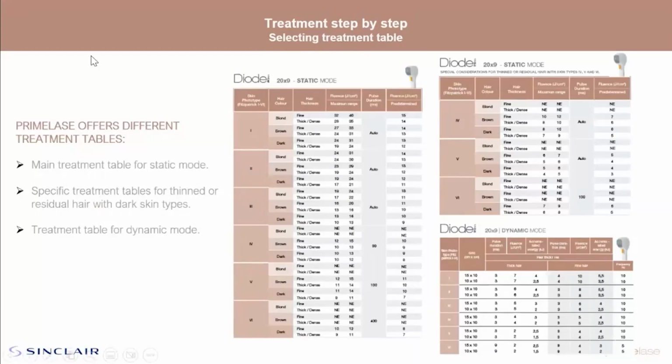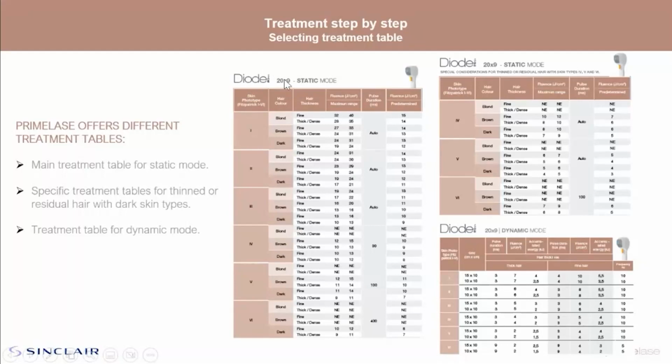So, the next step is checking the treatment tables. We can always find 3 different treatment tables for each wavelength and each spot size.